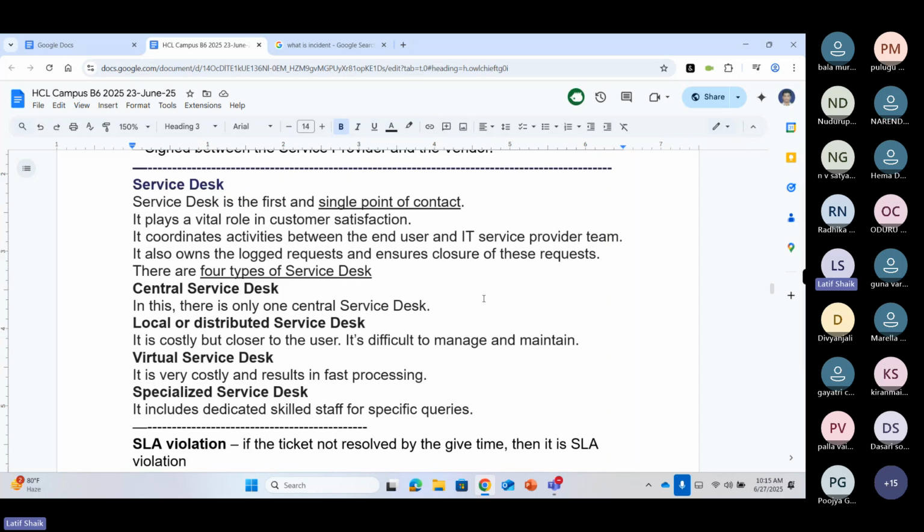Any technical related work, either hardware, software or operating system installations, configurations, updations, upgradations, troubleshooting. These are all part of the service desk analyst's job.